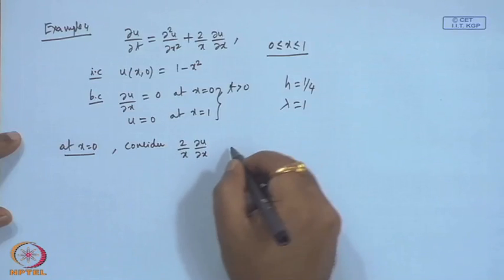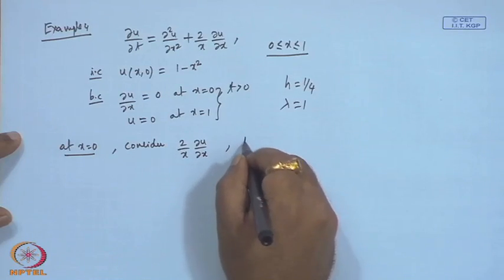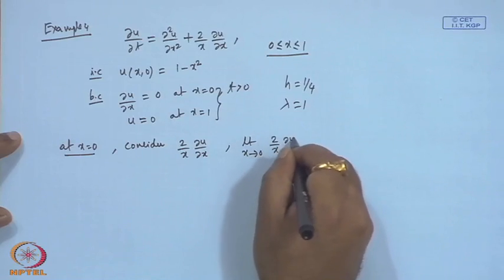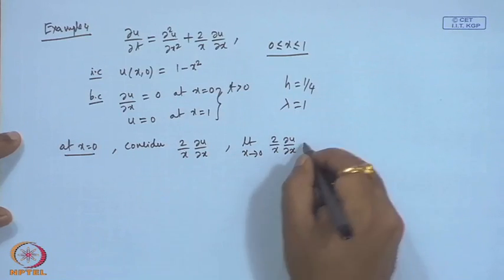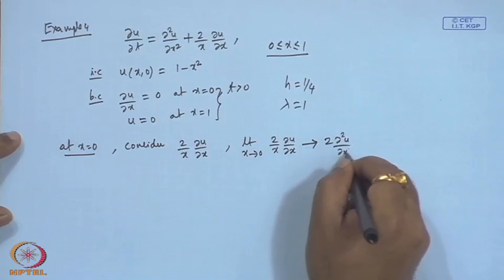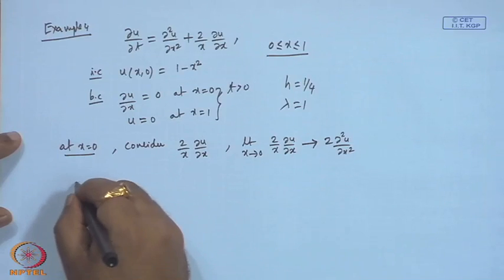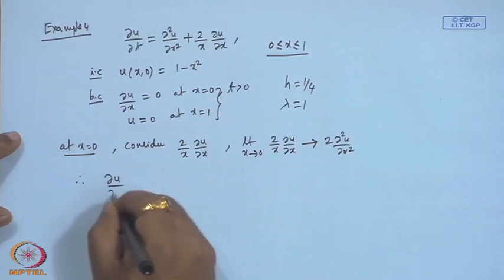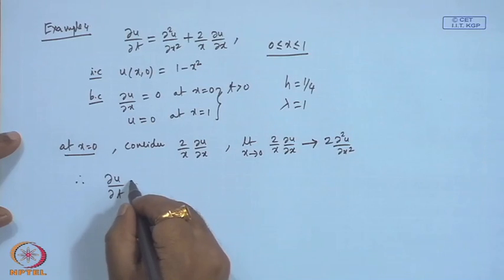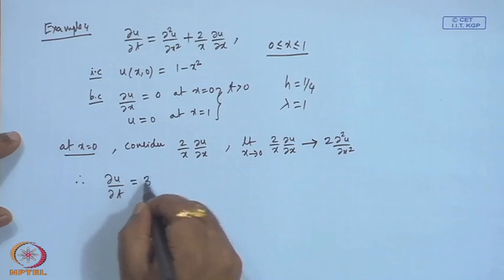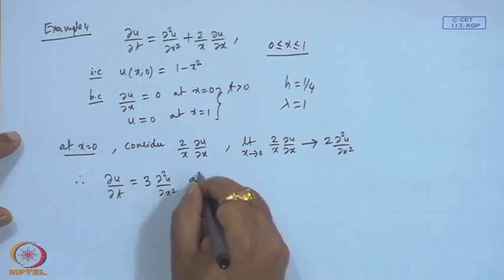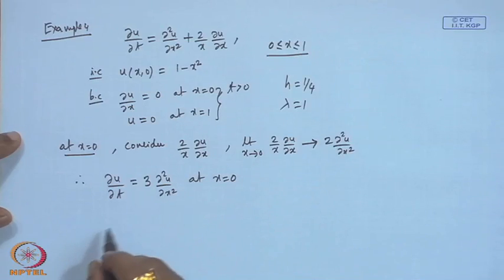So, we have to take limit. So, this goes to, so therefore, the equation reduces to, so there is 1 and 2. So, this is, okay.